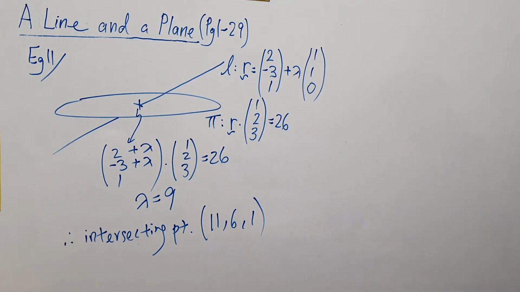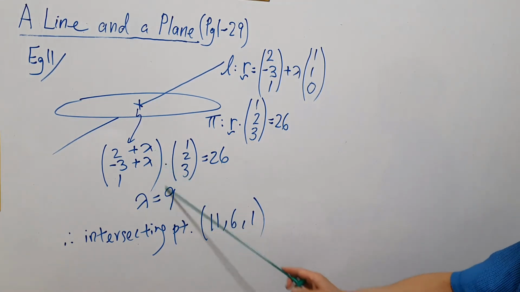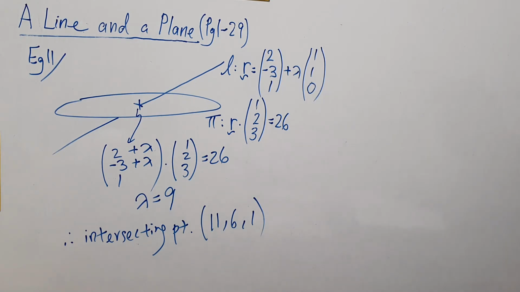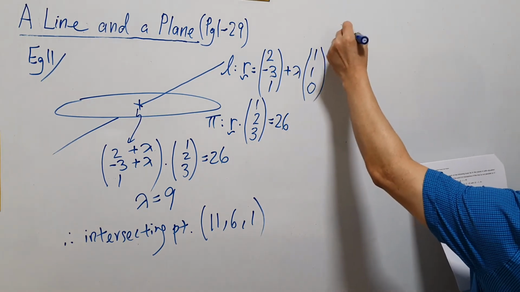What I did was, because lambda is 9, I put 9 into here. Right, this is example 11. In the exercise on page 130, there is a plane given to you.